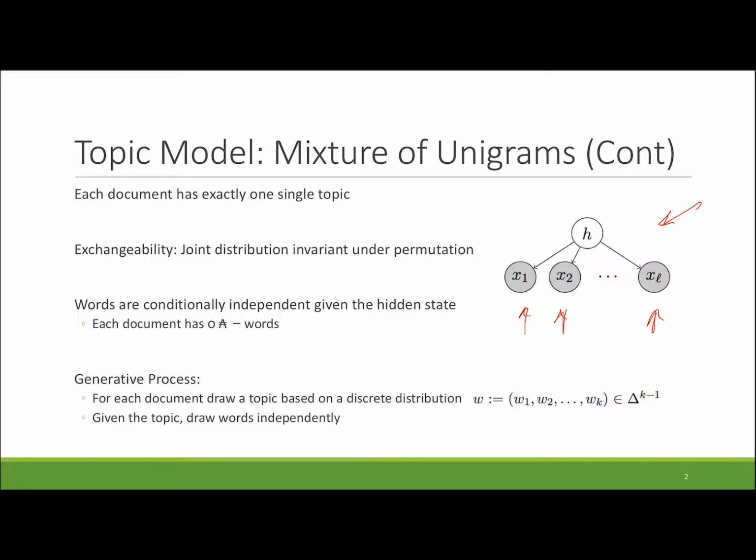This means that I have this topic word matrix. Sorry for the handwriting. This shows that given each topic, I have a distribution over the words in the document. And this is the distribution that generates the words for each document, right?